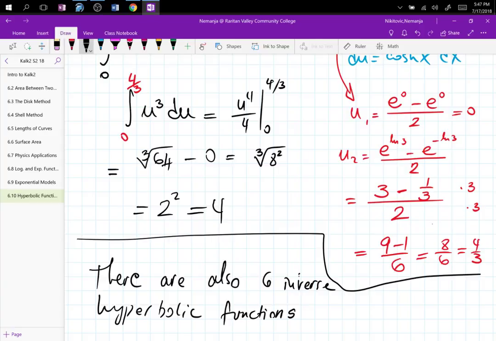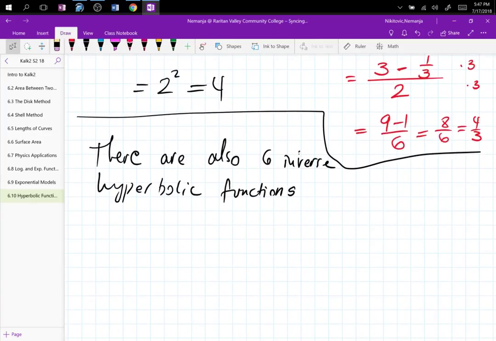So there are also 6 inverse hyperbolic functions, and they're on page 498. I'll just list 2 that are important. The rest are in the book.